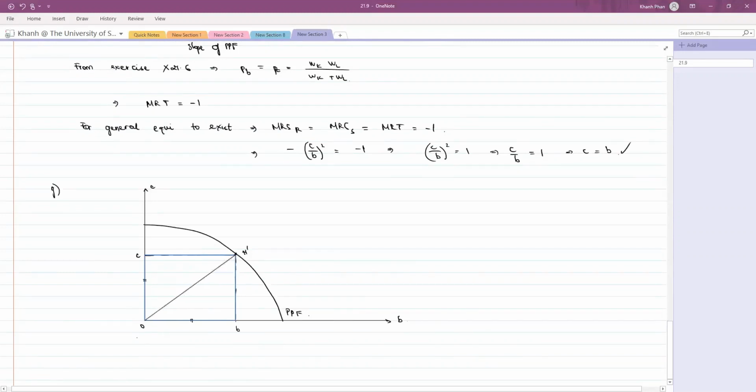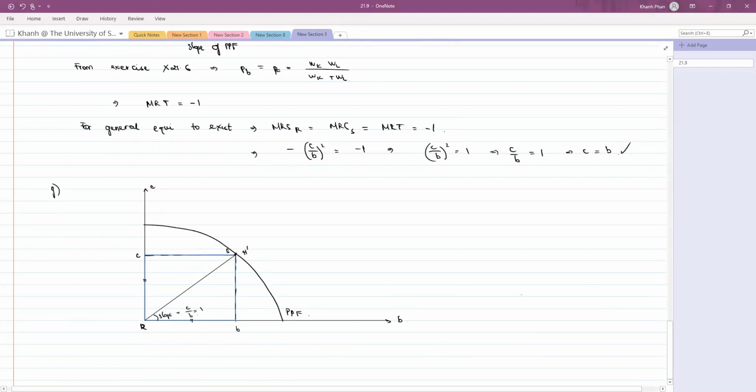On this corner I will have Recharge, and on this corner I will have Self. This line over here has the slope of C on B, which in this case is just equal to 1. So any point on this line is going to have a ratio C on B equal to 1.